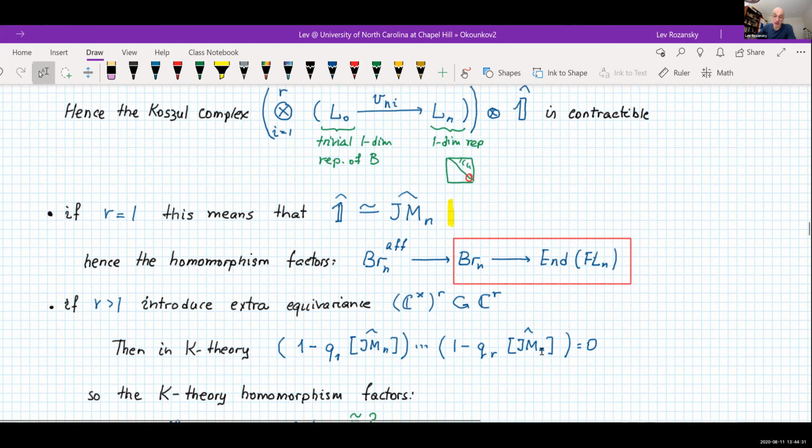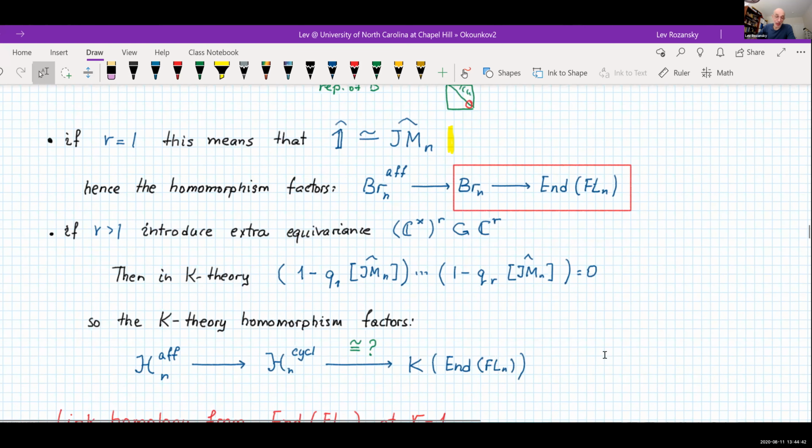Jucys-Murphy elements in the braid. So the nth Jucys-Murphy element in K theory would satisfy this relation, which means that at the level of K theory, affine Hecke will factor through cyclotomic Hecke, and will go into the K group of this category FL, of endomorphisms of the flag variety.